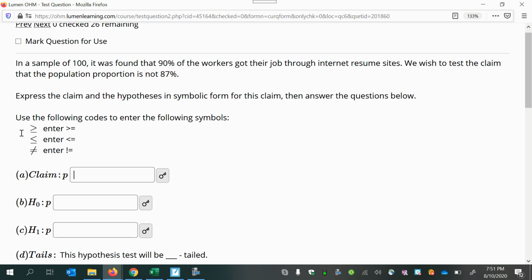And notice that we have the codes laid out here for how the software will read a not equal symbol. We'll put in the exclamation point and then an equal sign. And then we need the value, which is in the claim statement, which is 0.87.